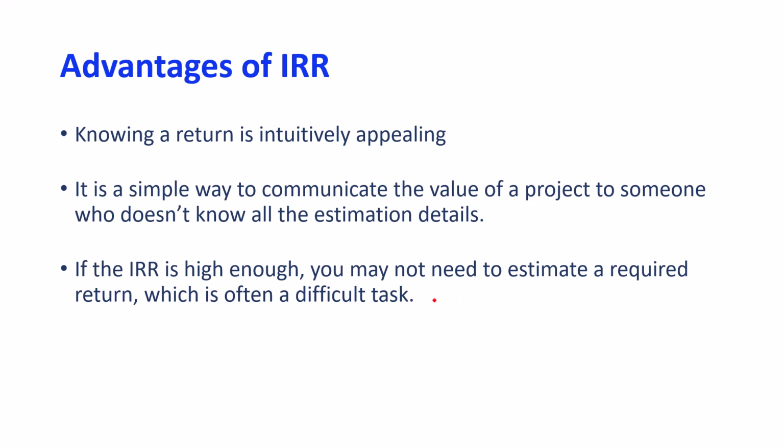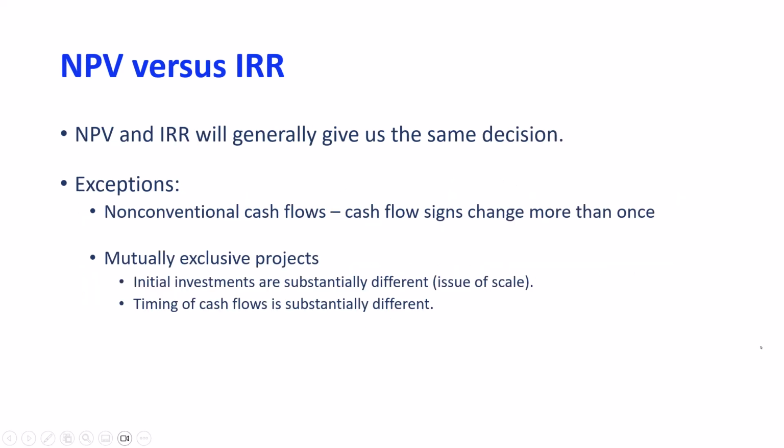So why can't we use IRR for all the situations? The reason is that sometimes there might be a conflict between NPV and IRR. NPV and IRR, as I mentioned before, are compatible or generally agree with each other for most decisions, but there are some exceptions.